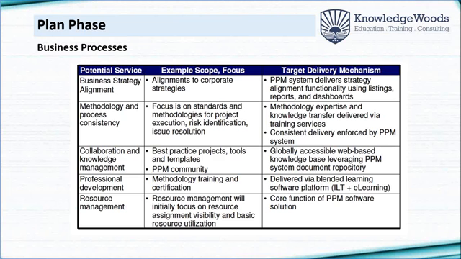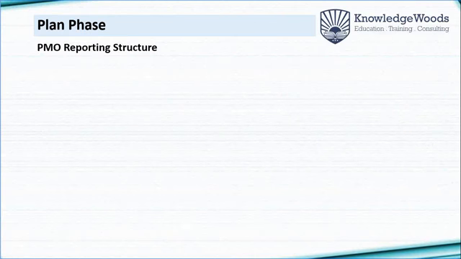Now the next important stage in the plan phase is answering who is going to do what, whom the project management office will report to, and who the core team members of your PMO are. So basically deciding the entire organization structure and the PMO reporting structure.